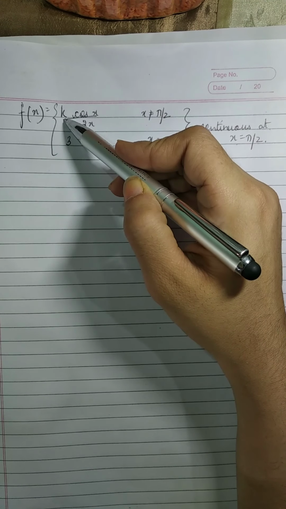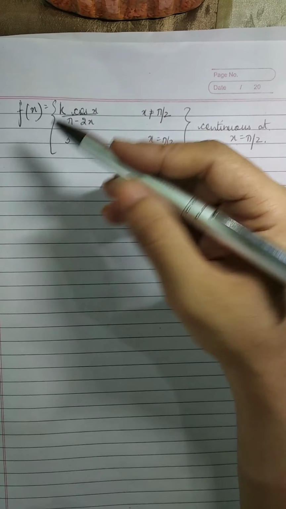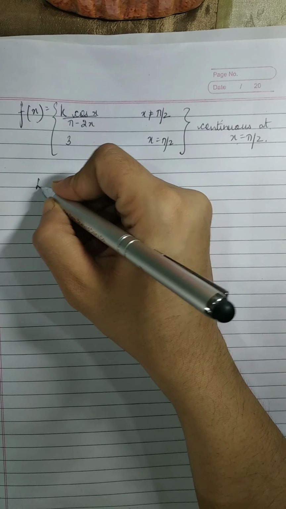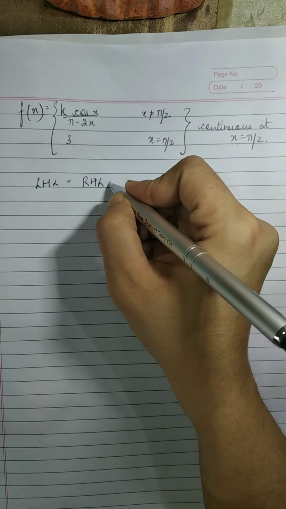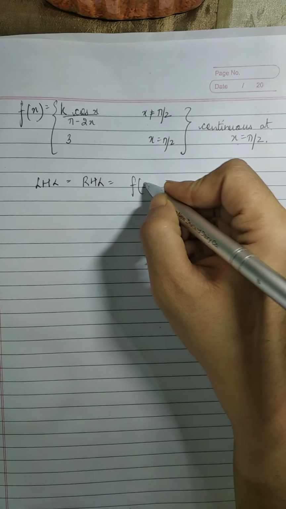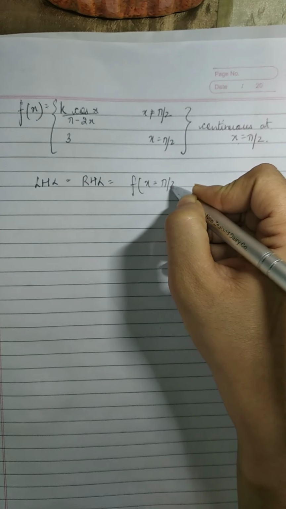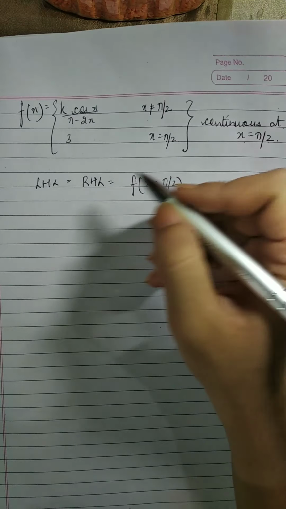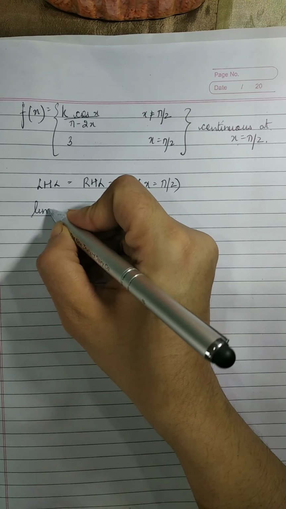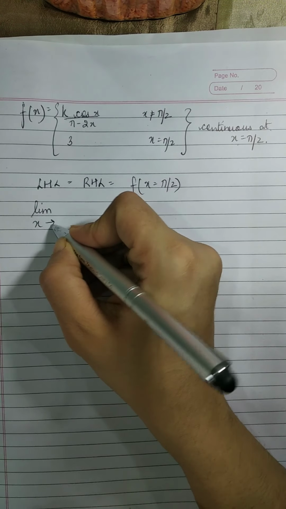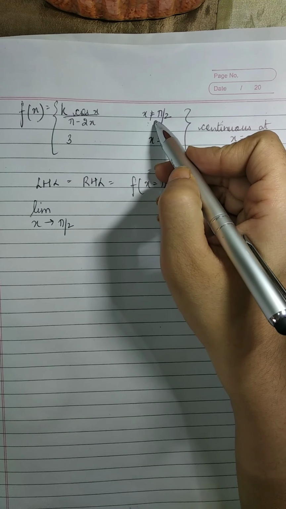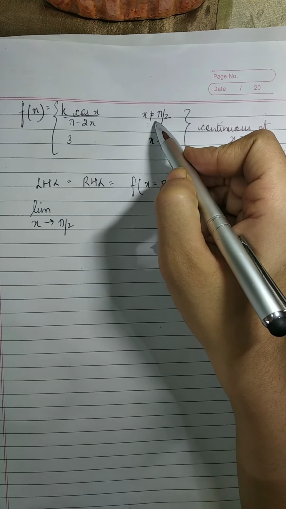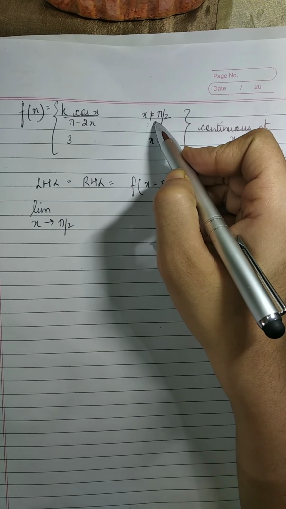So first of all, you need to remember the condition of continuity. That is, the left hand limit is equal to the right hand limit is equal to the value of the function at x equal to pi by 2. Likewise, limit x tends to pi by 2, x not equal to pi by 2 means either x is greater than pi by 2 or it is lesser than pi by 2.